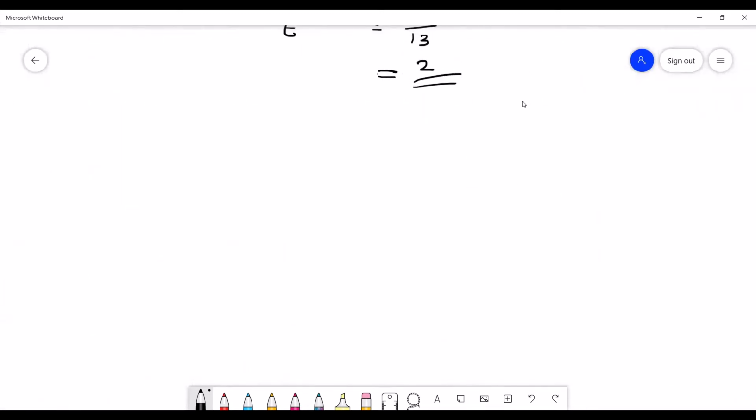Now we will go to the next type of question. Equations reducible to linear form. Question number 4. Equations reducible to linear form.